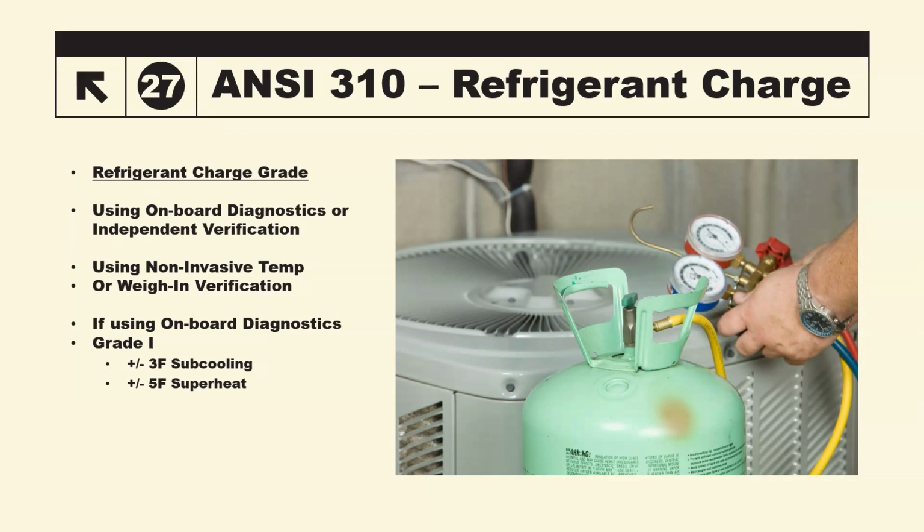If I have onboard diagnostics, it can read subcooling and superheat. As you see at the bottom, there's subcooling within plus or minus 3 degrees and superheat within plus or minus 5 degrees. So if you have onboard diagnostics that already give you that, then you don't have to do all of this, and it already achieves a grade one.